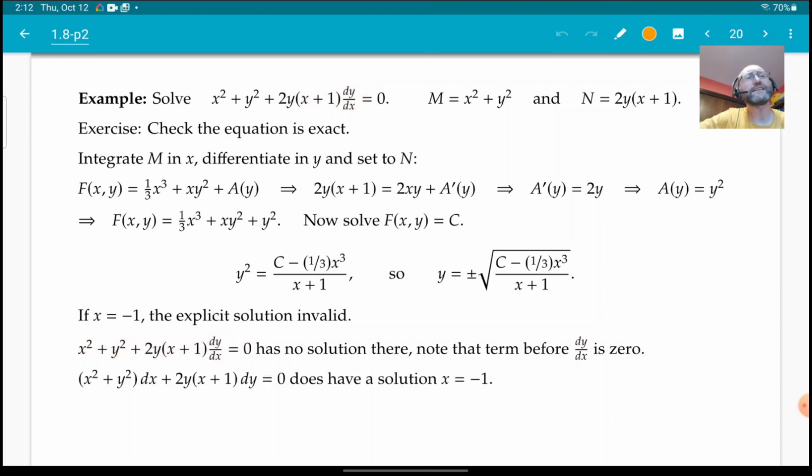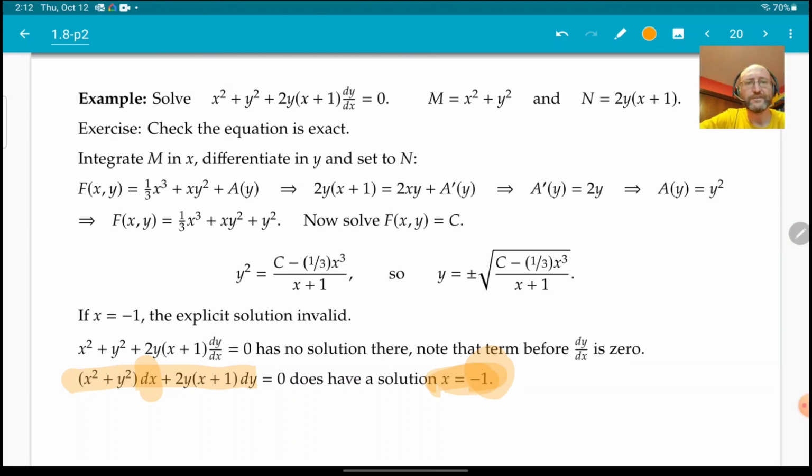Now, if I think of the equation like this, then it does have a solution, x equals -1. Why? What is dx? dx is 0 on this, because this is a constant.